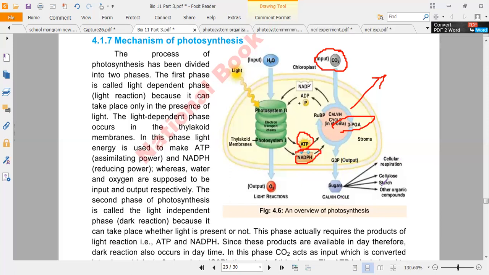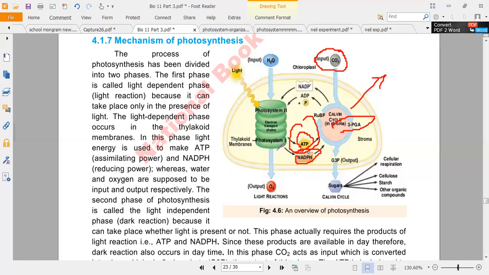The production of ATP during the light reaction is called photophosphorylation, and the mechanism involved in photophosphorylation is called chemiosmosis. We will discuss it in detail in the next lectures. Photophosphorylation is done in two ways, because in the photosystems two types of reactions go on.